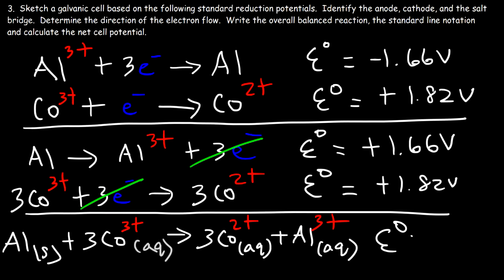Now the net cell potential will be the sum of these 2 values. So 1.66 plus 1.82, that's 3.48 volts. So that is the standard cell potential for this particular galvanic cell.